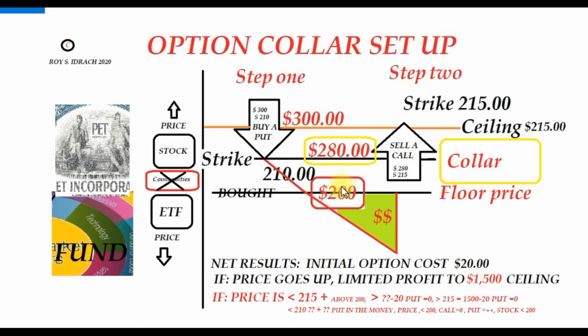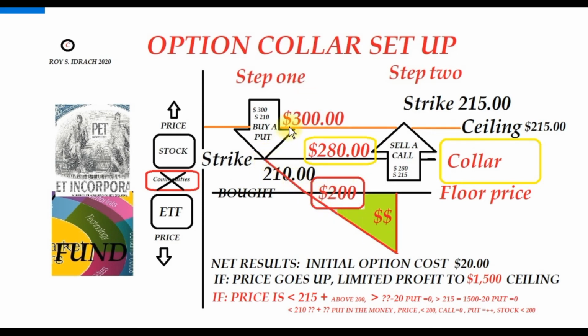Because you're going to go from 280 to 200, sell the call, 280 to 15, depending on how you do it. And what's going to happen here is that you get $280 for that call. It only costs you 20, and you're going to gain everything from here down this way.